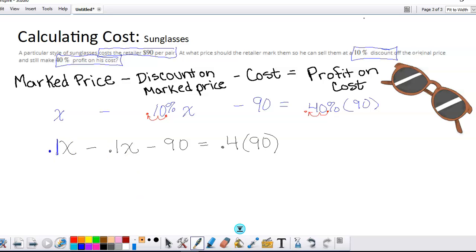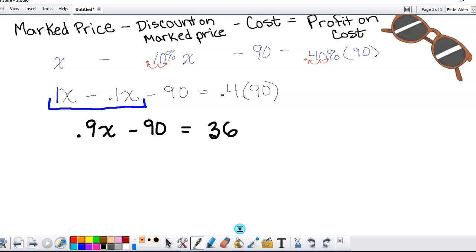All right, so we have these like terms, 1 whole minus 0.1. That would give me 0.9X minus 90. 0.4 times 90 will give me 36.